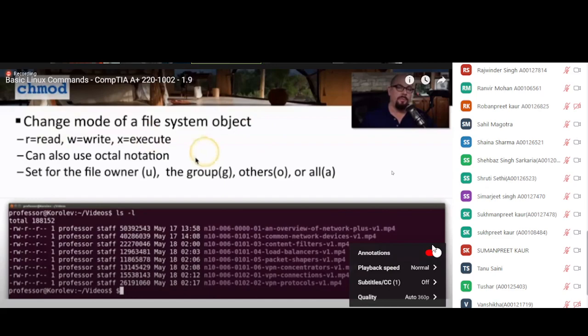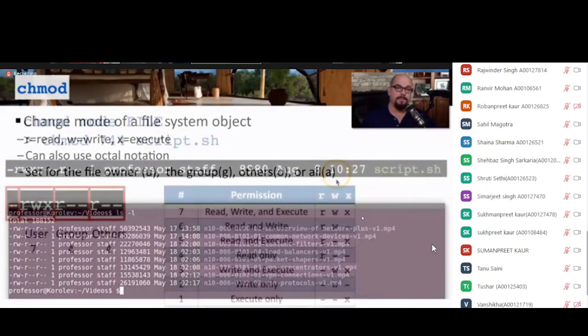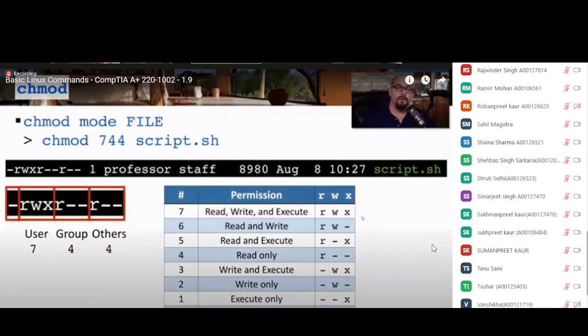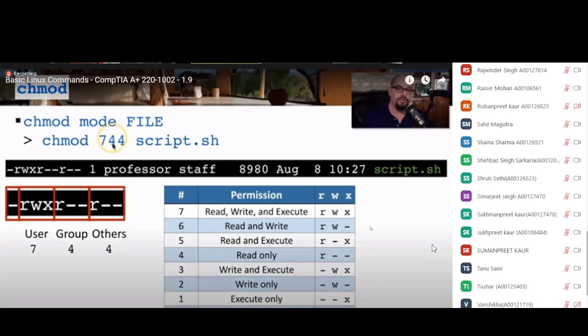In Linux, you can have separate permissions associated with the owner of that particular object, the group that owns that object, and then everyone else who may have access to that object. Let's say that we were changing the mode or their permissions to a particular file. To be able to do that in Linux, use the chmod command. So chmod, and then the mode you would like to use, which is a series of numbers or letters.